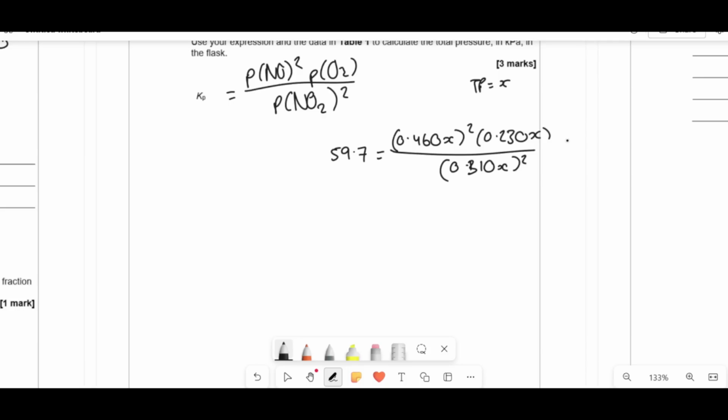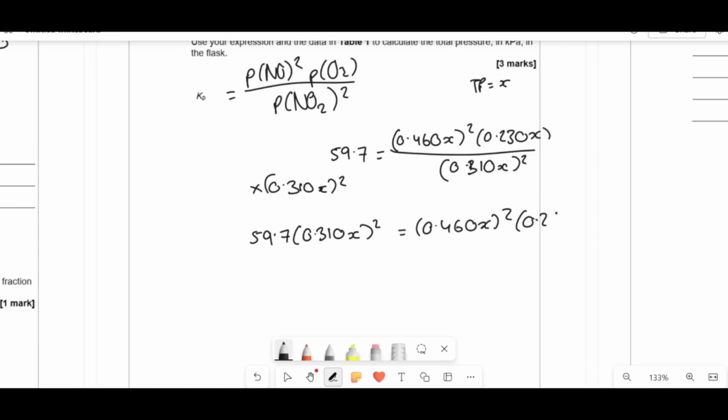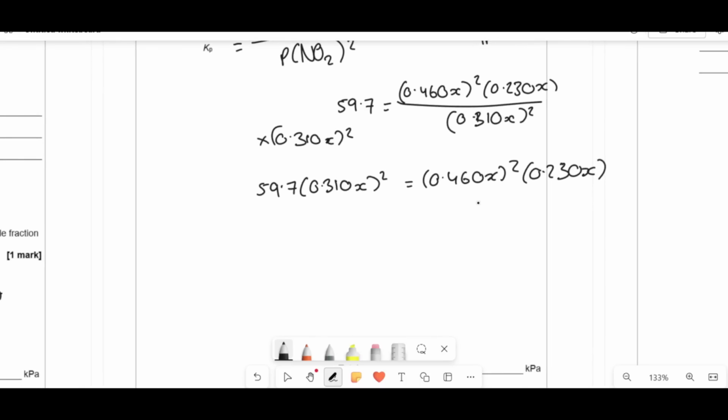Cool. Now, I can tidy this up a little bit. Let me think, what's a nice way of doing this? I could multiply both sides by 0.310x all squared. If I do that, I get 59.7 times (0.310x) squared equals (0.460x) squared times 0.230x. Now, if I tidy these up, as in I square this and then multiply those together, I get 5.737 x squared equals 0.04867 x cubed.